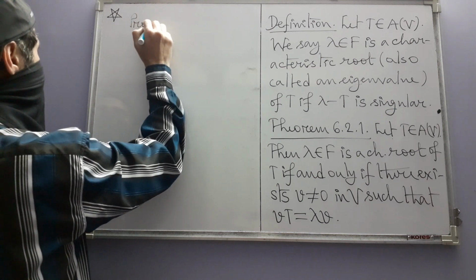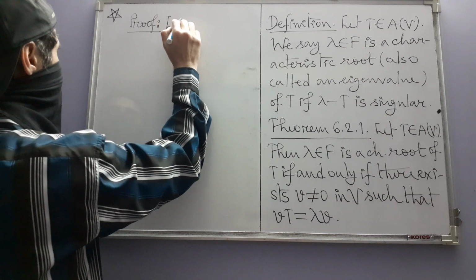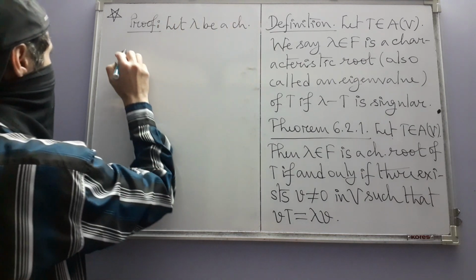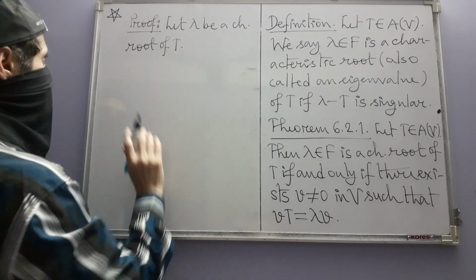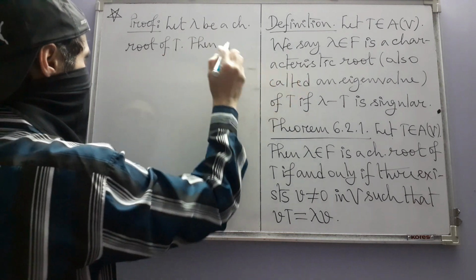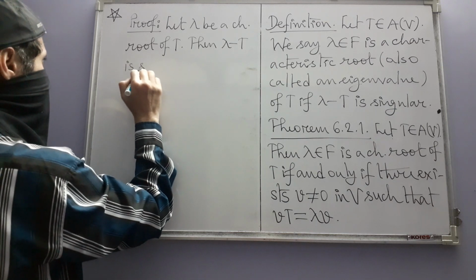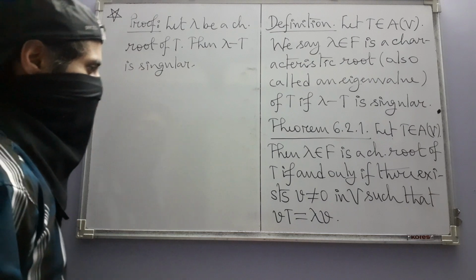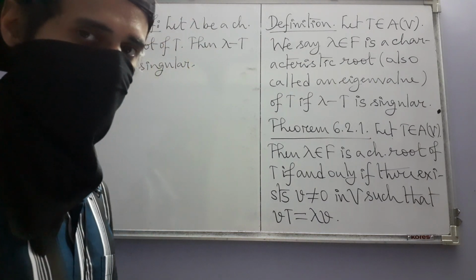Proof. Let lambda be a characteristic root of T. Then by definition, lambda minus T is singular, and at this point we are going to recall one result from the previous section.